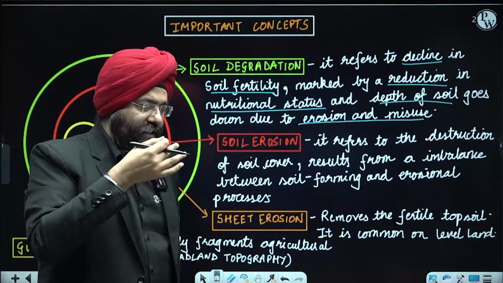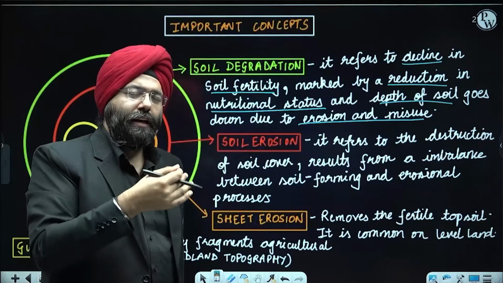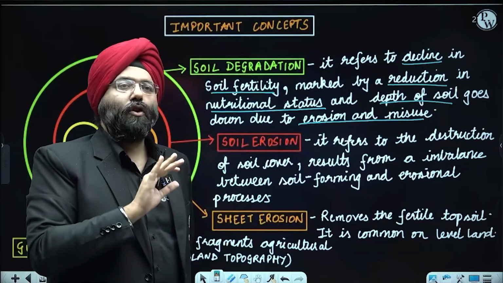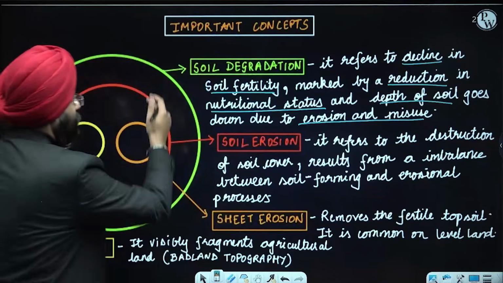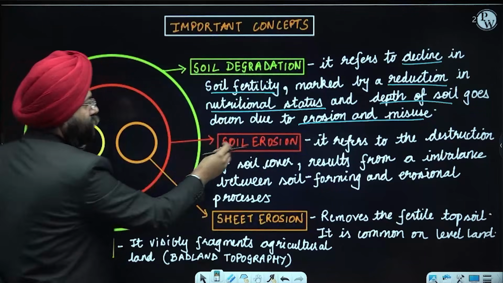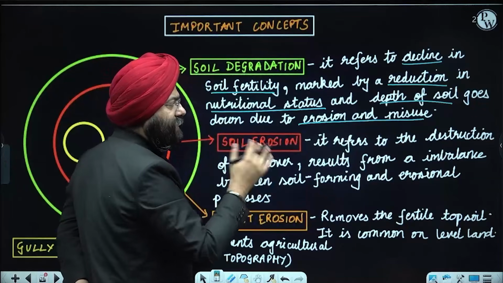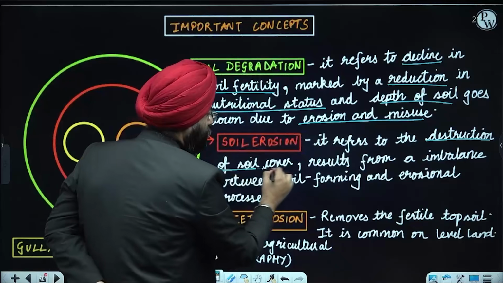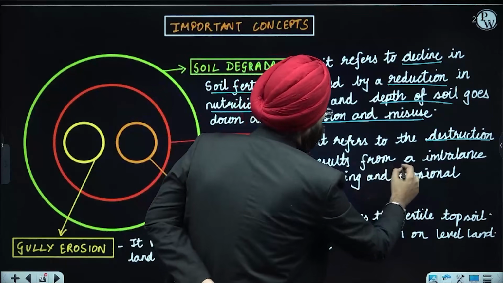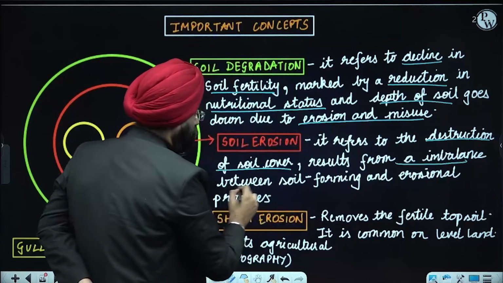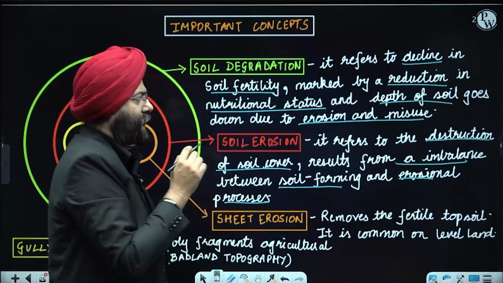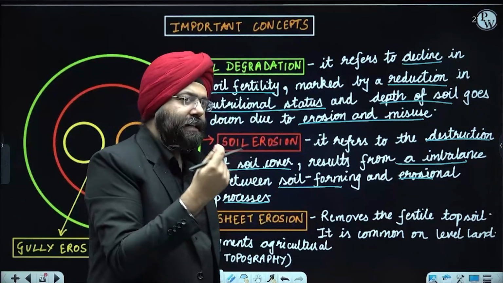Now, degradation of soil can happen through various ways. One is soil erosion. So when we study under this comes soil erosion. Now, what does soil erosion mean? It means destruction of soil cover resulting from an imbalance between the soil formation process and erosion.